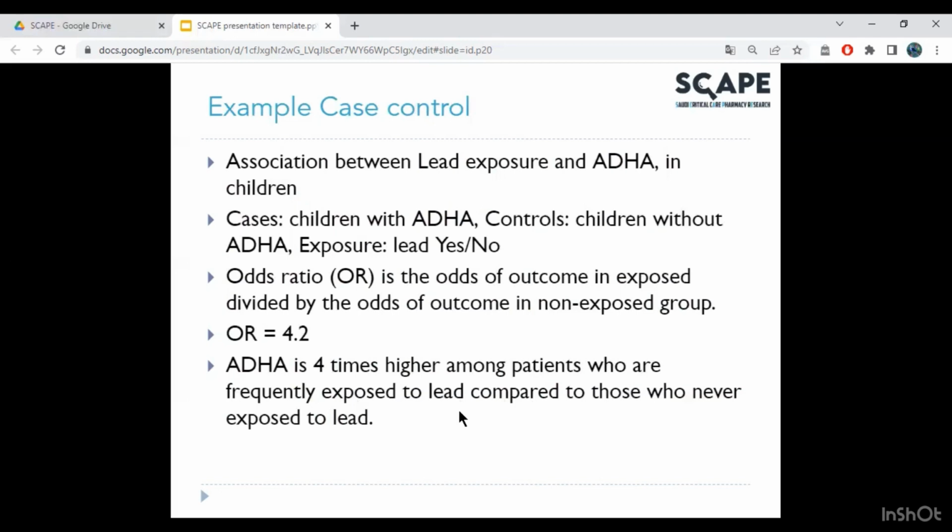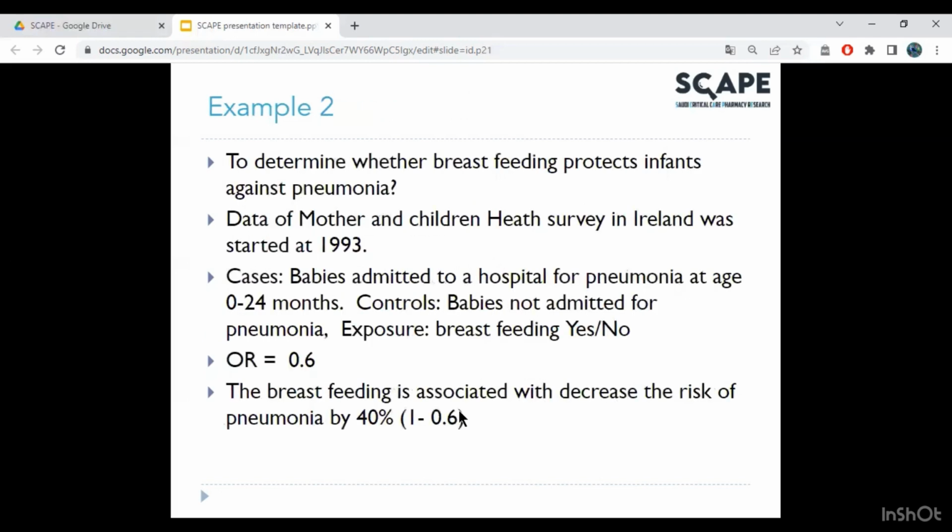Another example for the case control. Here we want to determine whether breastfeeding protects infants against pneumonia. The data were taken from the Mother and Child Health Survey in Ireland and that was started in 1993.